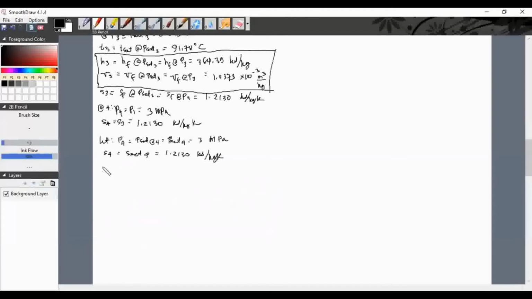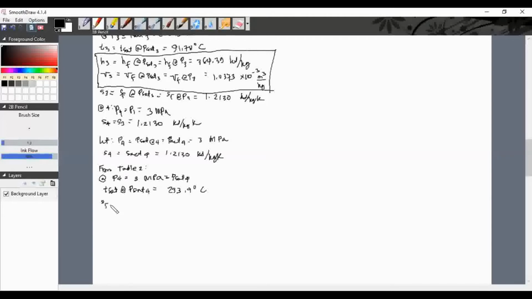So from table 2 at P4, which is 3 megapascals, meron tayong PSAT, no? PSAT at P4. That is 233.9 degrees Celsius, no?